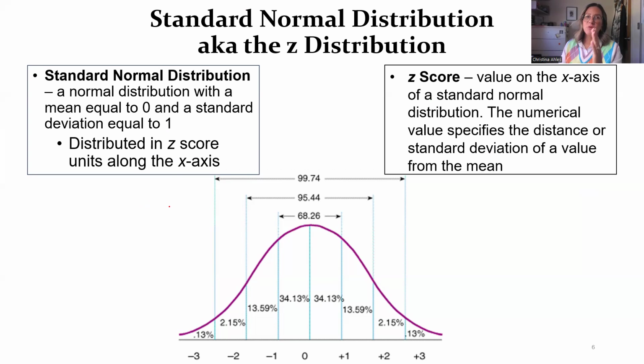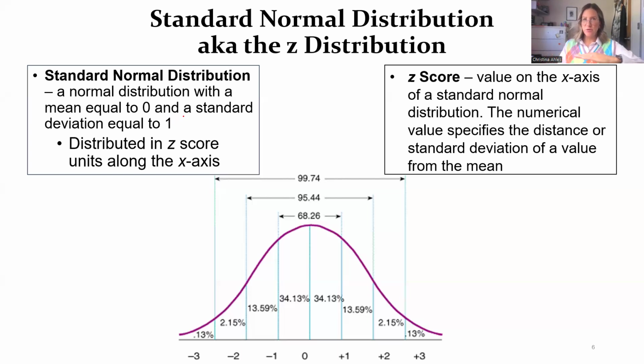So in a standard normal distribution, the mean is transformed. Whatever the mean is in the raw scores, it's transformed to equal 0. And whatever the standard deviation is for the population or the sample of raw scores, it's transformed to equal 1. So now you can distribute these across the x-axis.